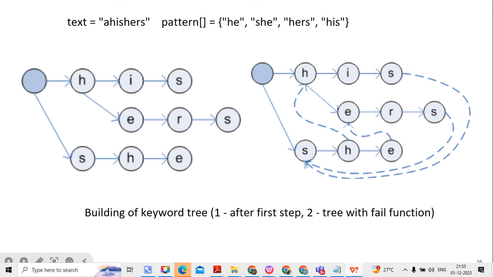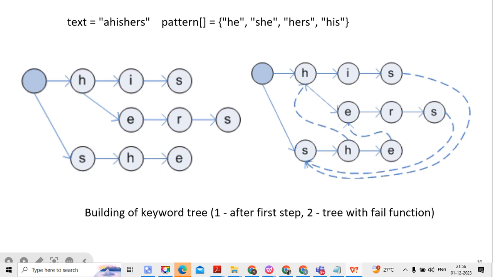Now see here, after HIS, now HS ends. Now after S, what is the maximum suffix possible? We can observe that after S, 2 characters are there, that is 2 suffix locations are there. So the failure transition of S is mapped to here, that is SHE.